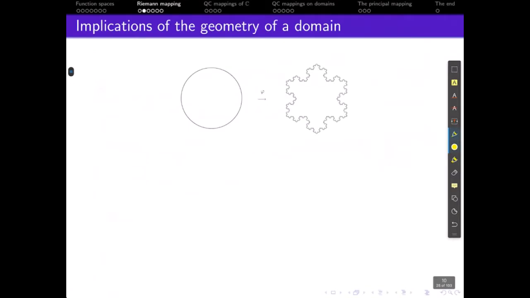So let's see. What are the implications of the geometry of a domain in the regularity of the Riemann mapping? Of course, if a domain has no tangents, as this von Koch snowflake, then the function itself cannot be C1, because otherwise you would have a tangent if the derivative could be extended up to the boundary.